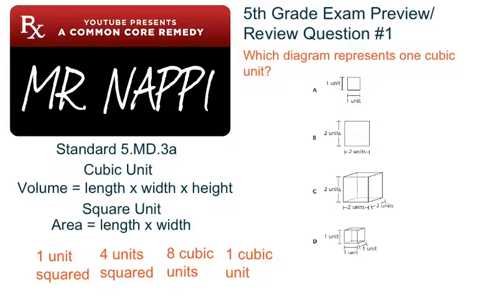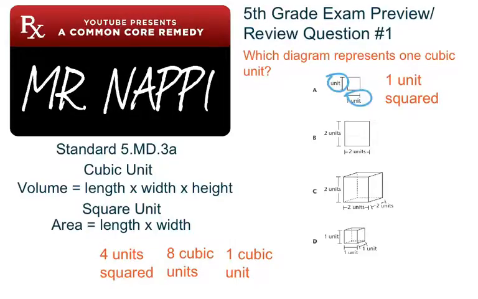Now the question asks, which diagram represents 1 cubic unit? In the first example, you have 1 by 1. That would give you 1 unit squared, because when you multiply a unit by a unit, you cannot do it numerically. It has to be word-based.